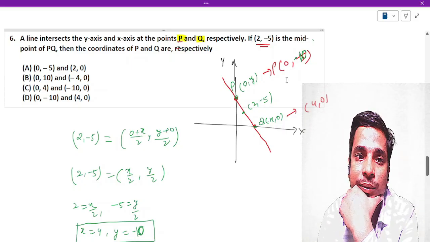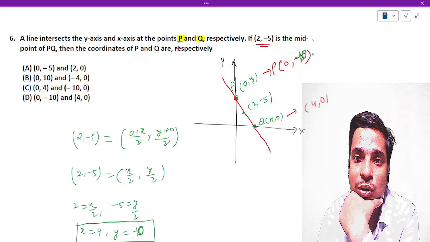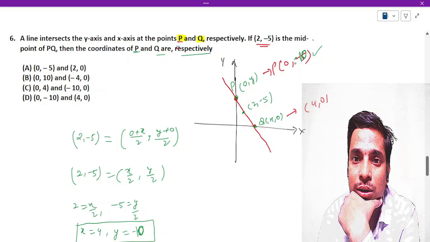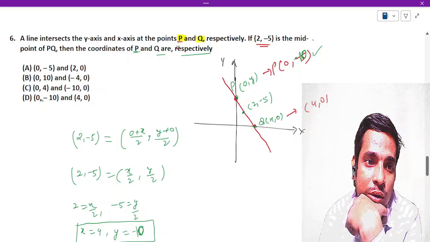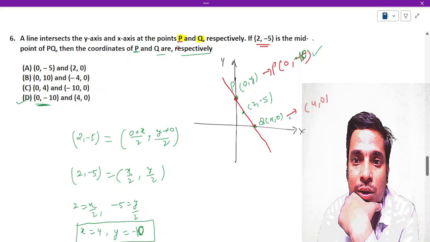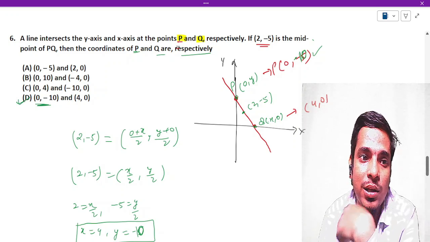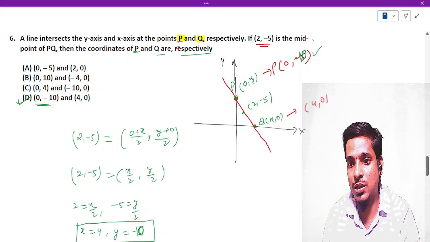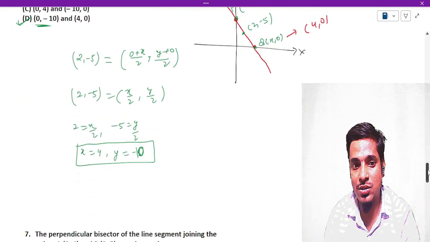Option C or D? First they said P and Q respectively. So P is 0 comma minus 10, so 0 comma minus 10 is over here, P. And Q is 4 comma 0. So option D is correct. Right? So this is the last question. Then we'll move to the next topic.